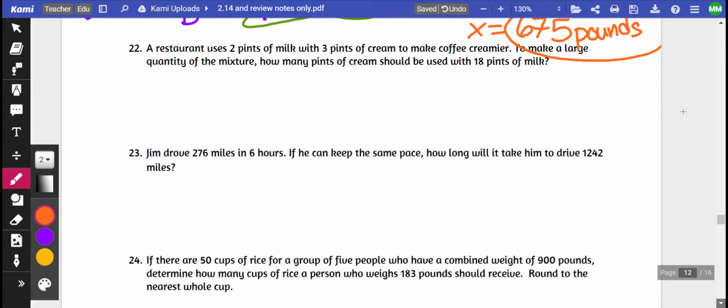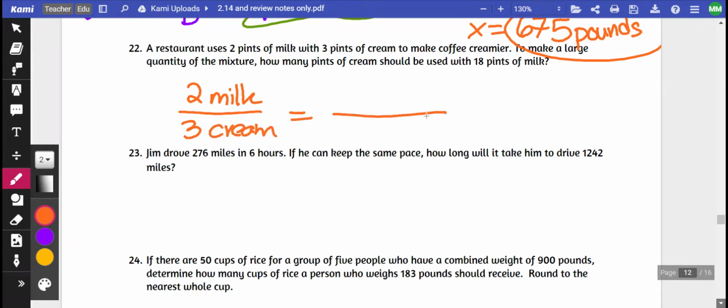Okay, let's just do a few more. For number 22, it says a restaurant uses 2 pints of milk with 3 pints of cream to make their coffee creamier. So we have a ratio: 2 pints of milk for every 3 pints of cream. It says to make a larger quantity, how many pints of cream should be used for 18 pints of milk?